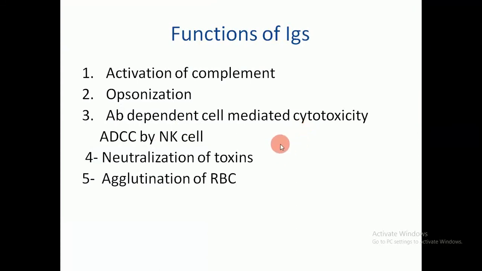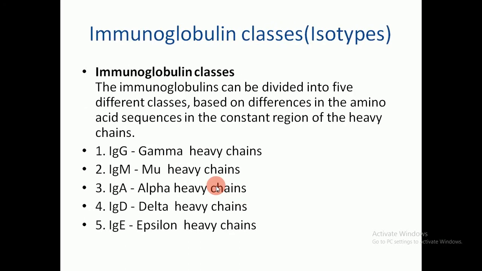Functions of the immunoglobulins, or functions of the antibodies: activation of complement, opsonization, antibody-dependent cell-mediated cytotoxicity by NK cells, neutralization of toxins, and agglutination of RBCs. The immunoglobulins, or isotypes, have many classes.